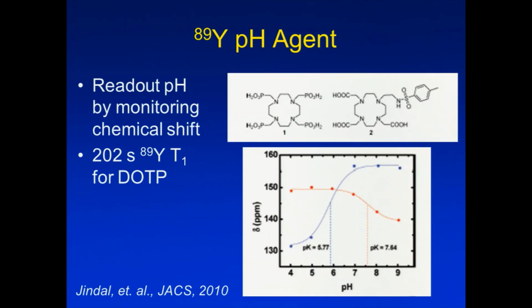And here you see the titration curve for DOTP, and so extremely long T1, and therefore there's some advantages to that, as well as an extremely long T2. And EPI could actually, I think, be quite useful for yttrium because it has about a 15-second T2, and you could get a lot of echoes out of that.